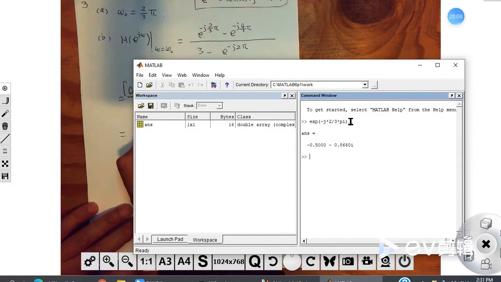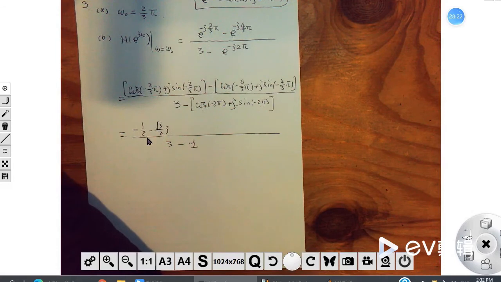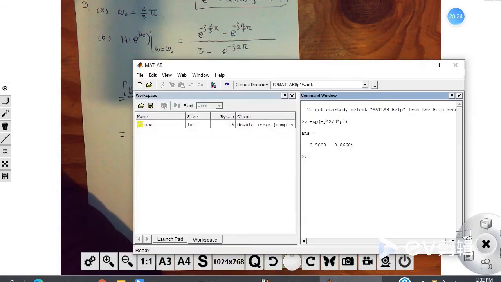Negative half minus... actually, this is square root 3 over 2j. It's i, we use j. This one I just copied from my left. You see both?